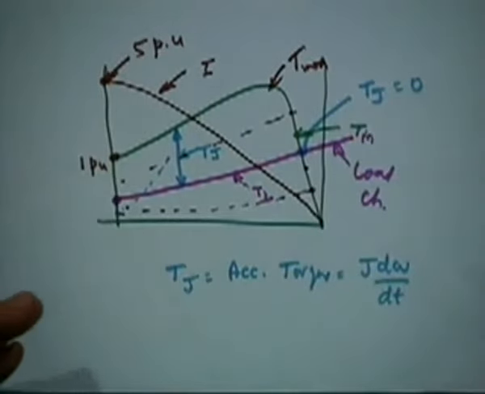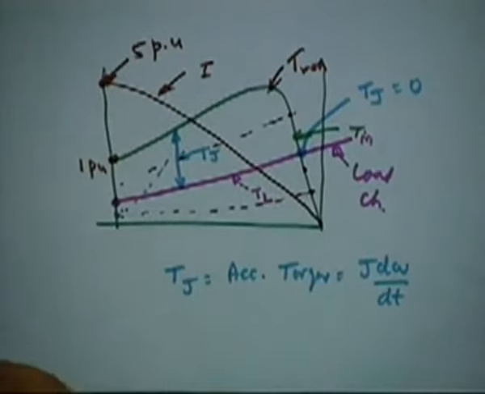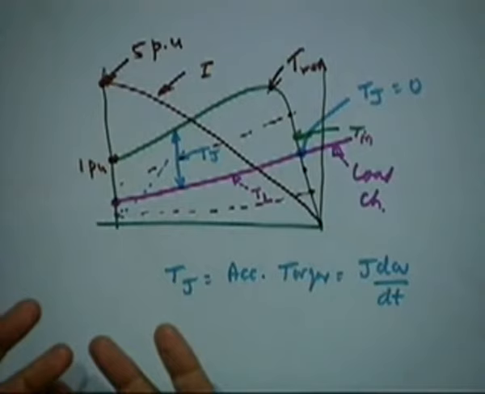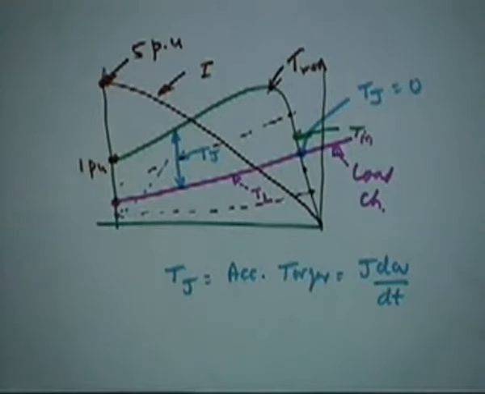So this is the principle behind starting and running methods of the induction motor, that it has a purpose, it has an application. Therefore application is very important for starting. So whether you are starting a pump or a blower or a fan or a compressor or a conveyor, it depends on what you are actually loading.